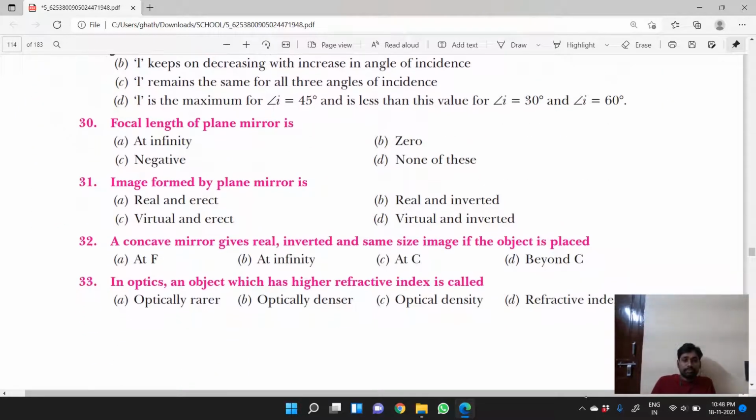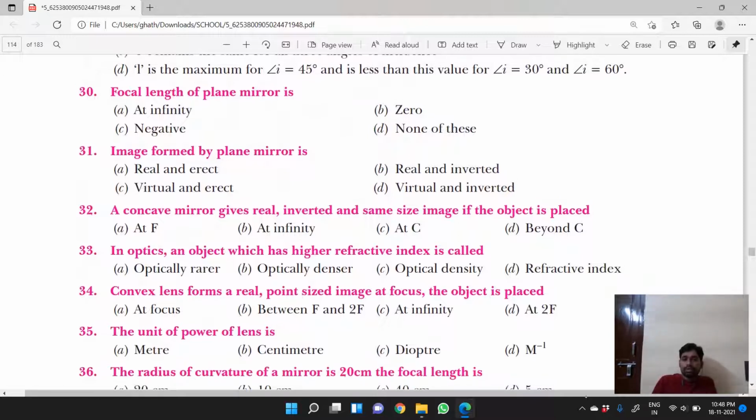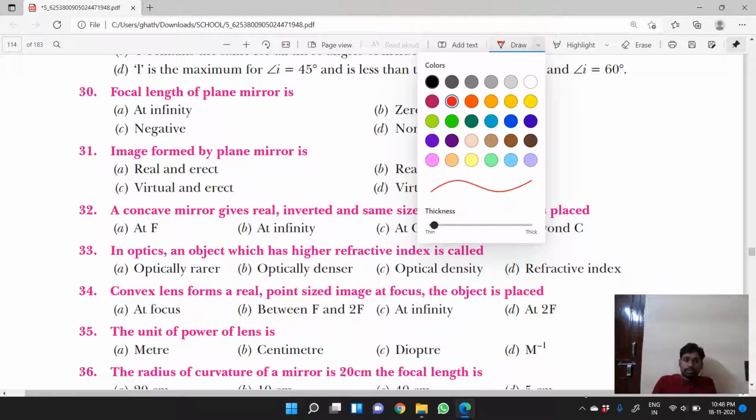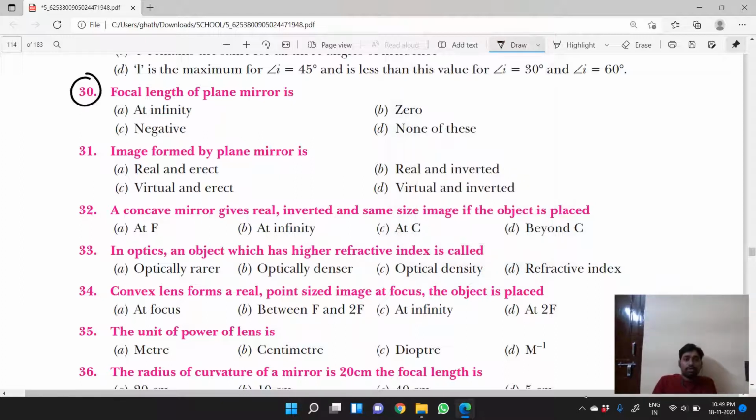Next question. These are the easy questions. We can go somewhat faster here. Question number 30: the focal length of a plane mirror is. Sir, a plane mirror does not have any kind of radius of curvature. If there is a small curved mirror, this will be the radius of curvature. If there is a large mirror, this will become the radius of curvature.